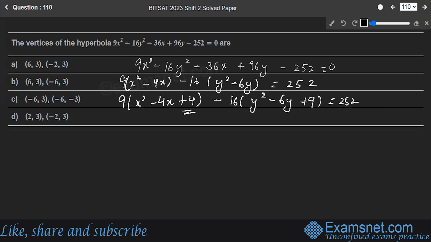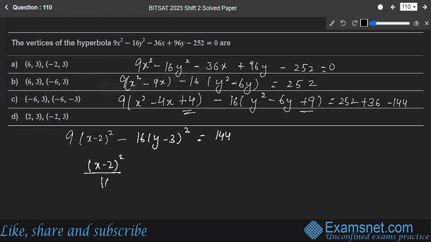I have added 36 over here. Same thing I'm doing on the right hand side also, and I've subtracted 144 over here. Same thing on the RHS. This is equal to 9 into x minus 2 whole square minus 16 into y minus 3 whole square is equal to 144. Dividing both sides by 144, you will get here 16, and over here this will be 9.